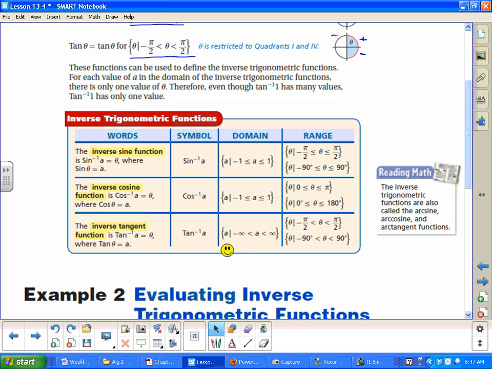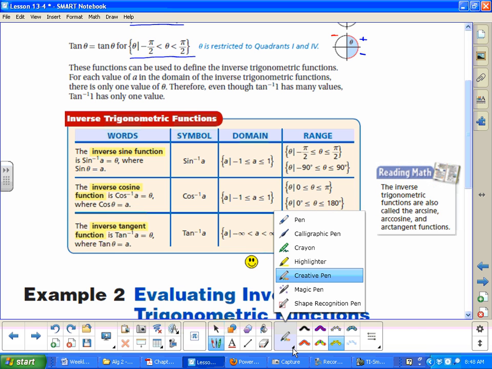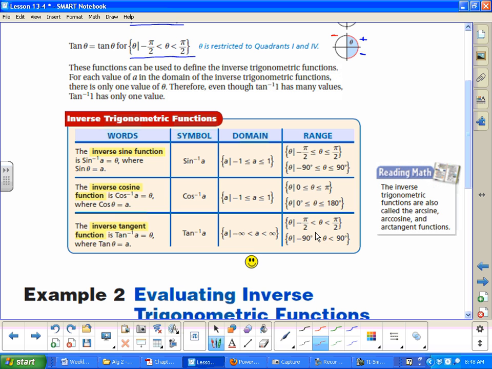Inverse tangent, my domain, and they put from -infinity to infinity, but what does that entail? What numbers are from -infinity to infinity? Everything. So instead of putting that, I could put all real numbers. So this could be all real numbers here.